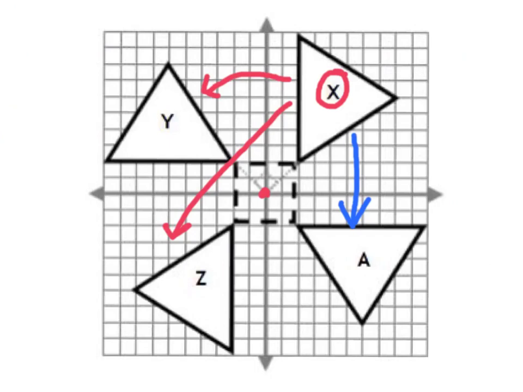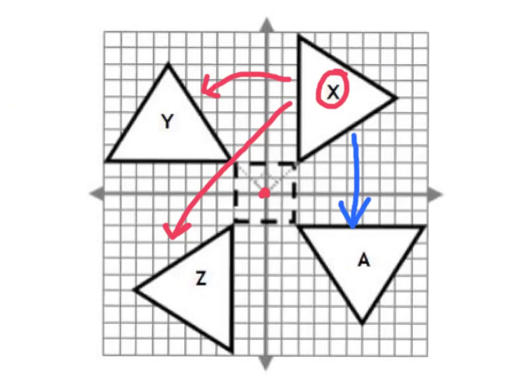So you can almost think of 270 degrees as being 90 degrees in the opposite direction. So notice the shapes are the same size, the angles are the same measures. All we're doing is turning them around the origin.